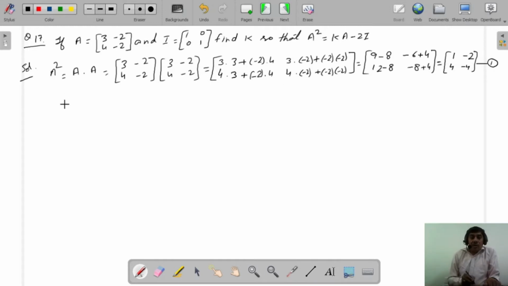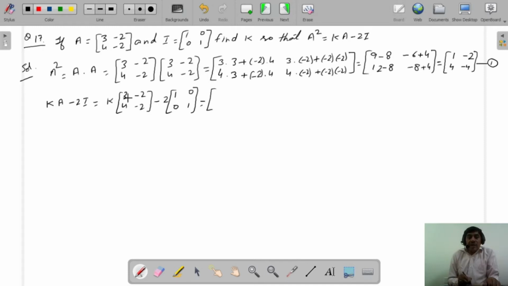Now on the other side, K into A minus 2I is equal to K into [3, 4; -2, -2] minus 2 into [1, 0; 0, 1]. By using the scalar multiplication property, we multiply K to each element of the matrix.